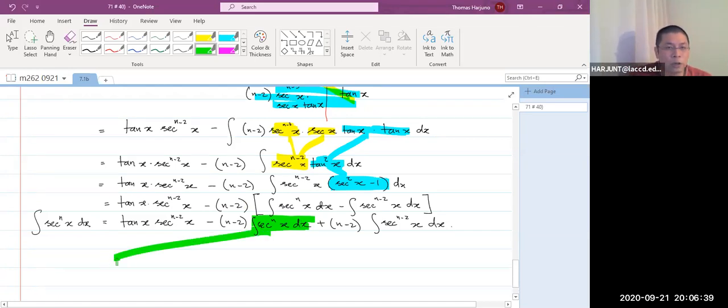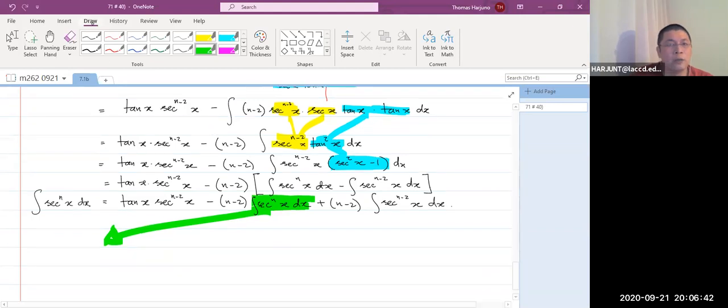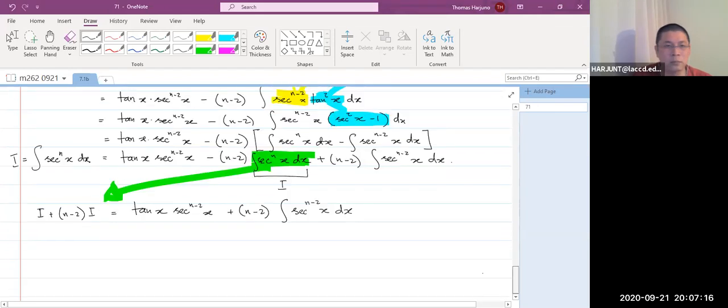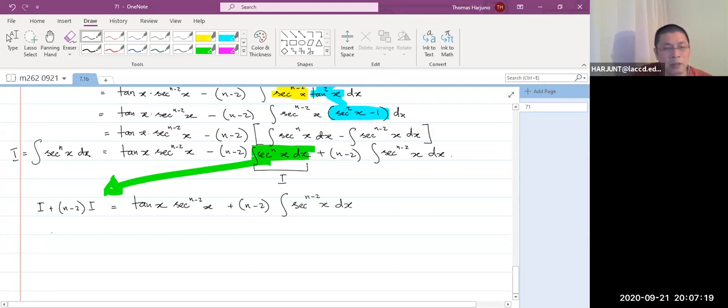Okay, so if I move it to the left, then I will get, if I call this I here, I plus n minus 2 of I equals tangent x secant to the n minus 2x plus n minus 2 times integral secant to the n minus 2x dx. But the left hand side is n minus 1 I.